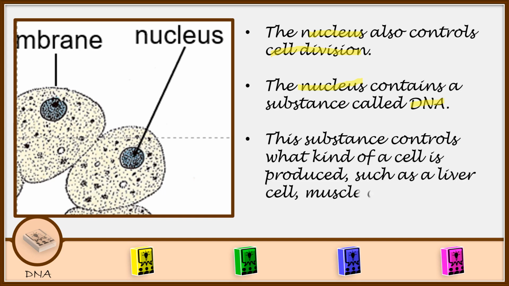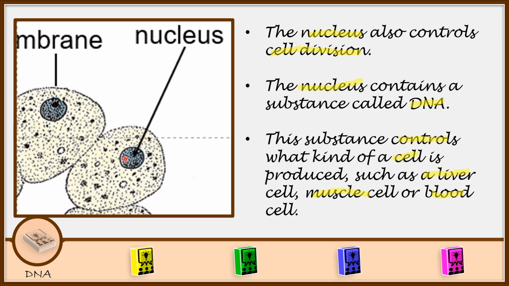The DNA controls what kind of cells are going to be produced. For example, they can be liver cells, muscle cells, or blood cells. It is the DNA in the nucleus which is going to control which type of cells should be produced.